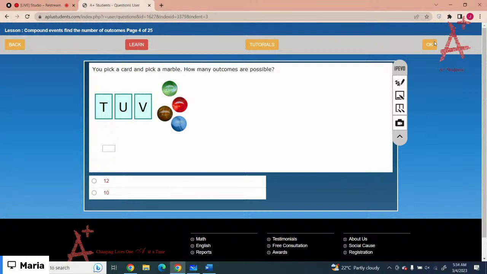So the total outcomes are 3 times 4, yes, it is 12. Got it? So the total outcomes are 12. The correct option is 12.